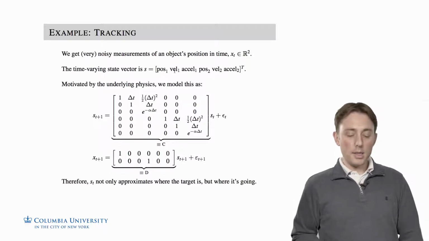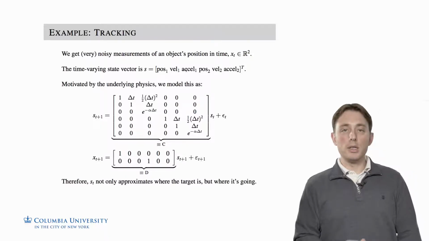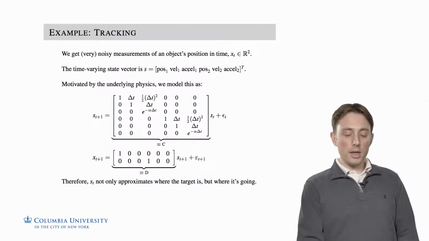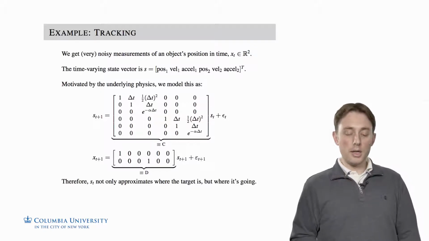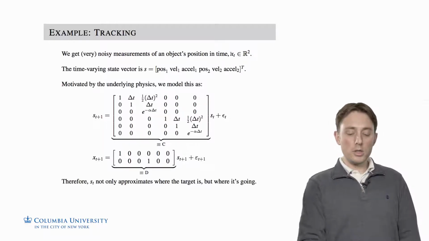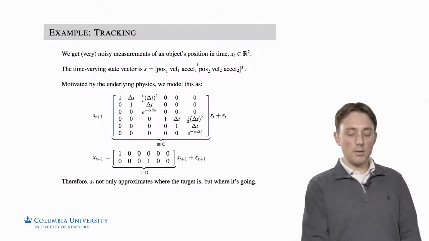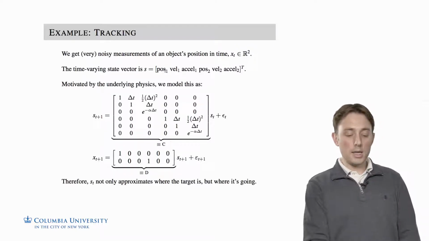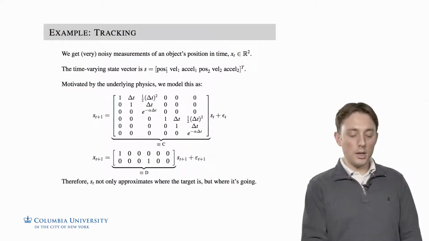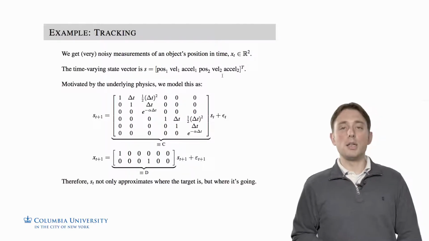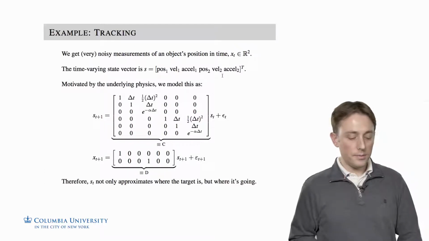We have the velocity and the acceleration in that direction. In the other direction, say longitude, we have the position, the velocity in that direction, and the component of the acceleration in that direction. So for the two-dimensional locations, we have this six-dimensional latent state vector, which we don't get to observe, which has the position of the object encoded in it, as well as the velocity and the acceleration in the two dimensions.